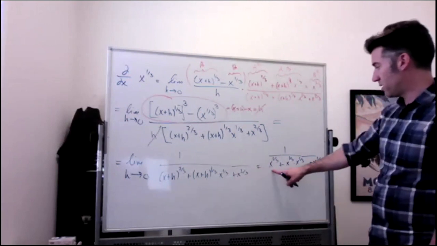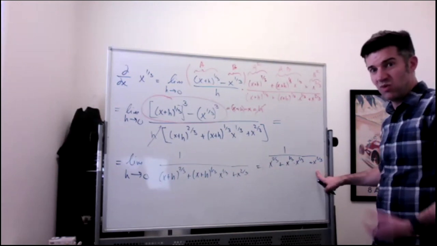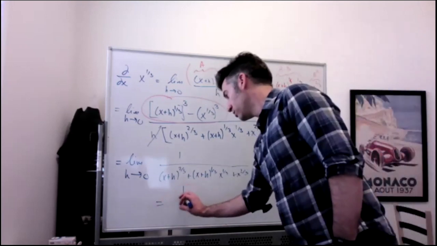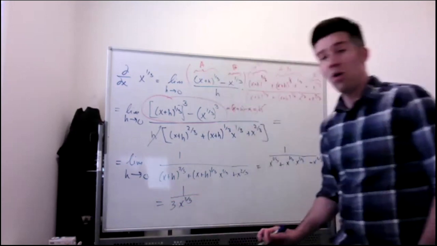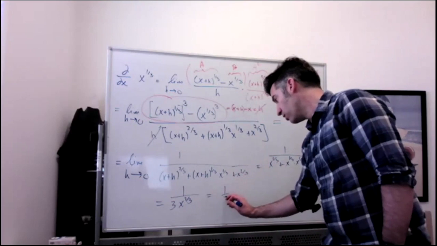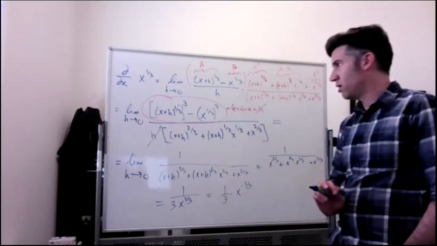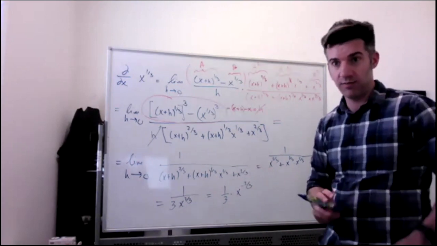We have x to the 2/3 plus x to the 2/3 plus x to the 2/3, which is 3 times x to the 2/3. And with 1 over 3 times x to the 2/3, or if you want to bring the x up to the numerator, 1/3 times x to the negative 2/3. Well, how about that? That's exactly what the power rule would have given us.